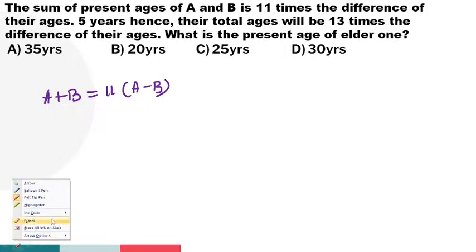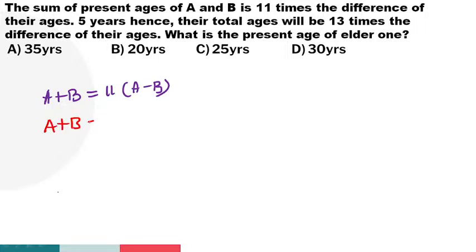This is the first step. So find out the A value, B value and D. I am writing the steps, but otherwise it is not required and we can say it easily. So A plus B is equal to 11 into the difference, 11A minus 11B.